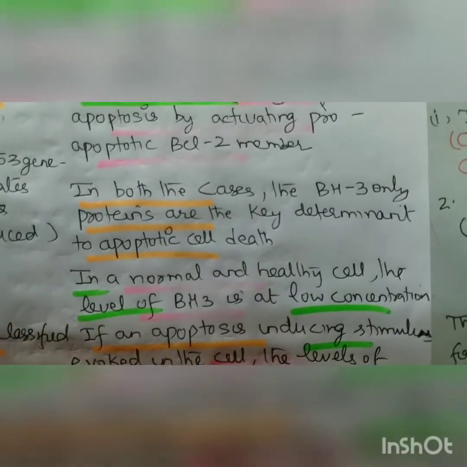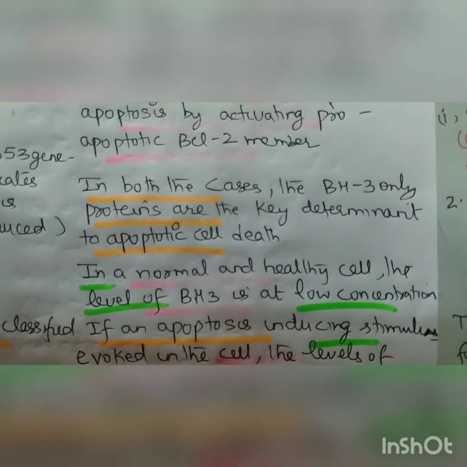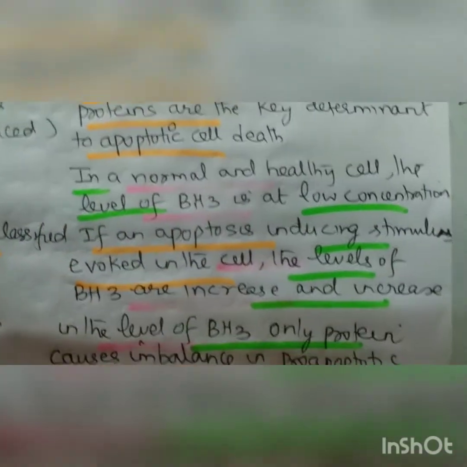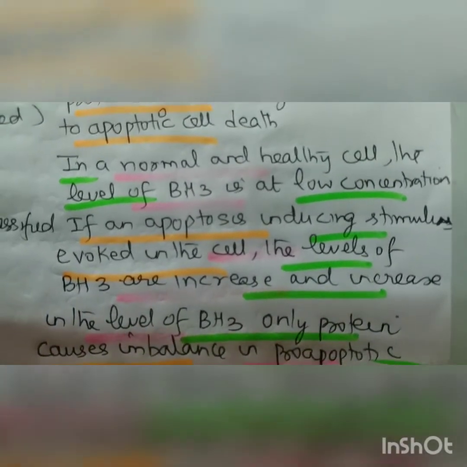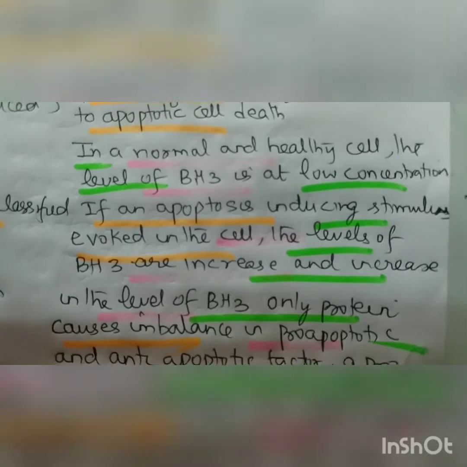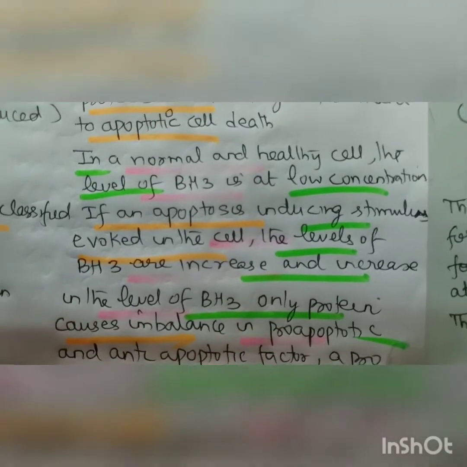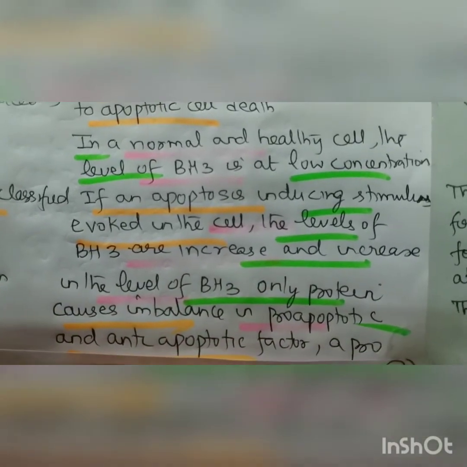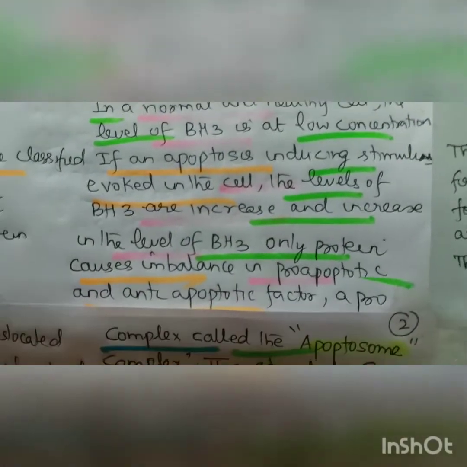In both cases, the BH3-only proteins are the key determinant of apoptotic cell death. In a normal and healthy cell, the level of BH3 is at low concentration. If an apoptosis-inducing stimulus is evoked in the cell, the levels of BH3 increase, and they catch hold of BCL2 and BCLXL.